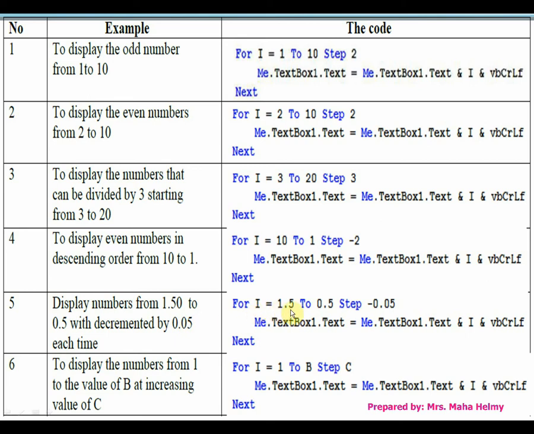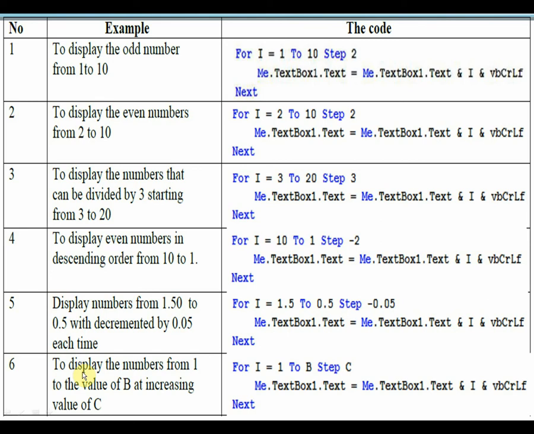I equals 1.5, start value as the question said, to 0.5, step as the question said, also negative 0.05. Why is it negative? Because I want to go from a greater number to a smaller number.